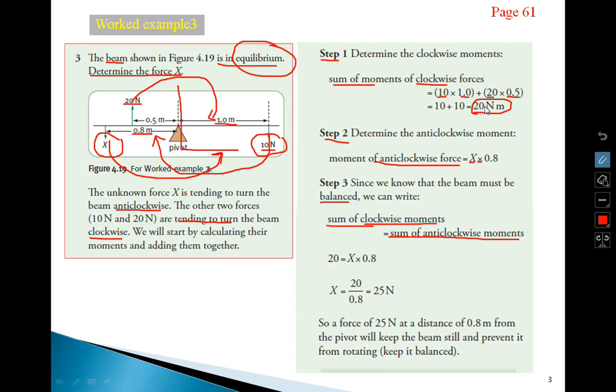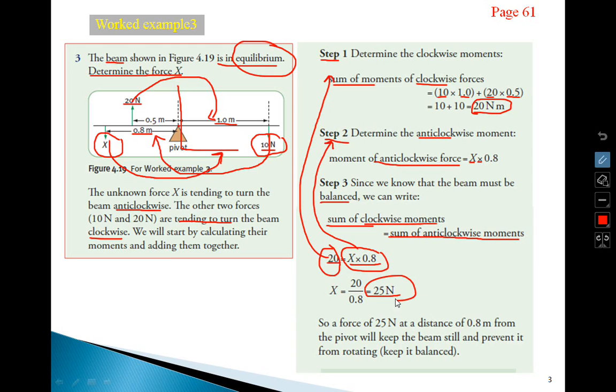So 20, from step number 1, is equal to X times 0.8, which comes from step number 2. This part is for clockwise and this part is for anti-clockwise. So 20 equals X times 0.8, and it's easy to find X. X is equal to 20 over 0.8, which is 25 Newton.